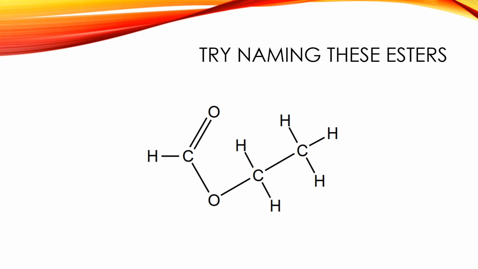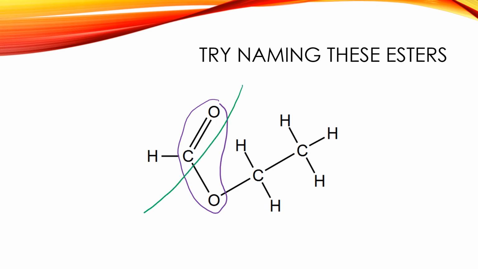Now we're going to try and name these esters. This is a bit tricky, so you might need to stop, watch, go back and try again. The first thing I want you to do is locate the ester functional group, which is there. Now we number from either side of that functional group.